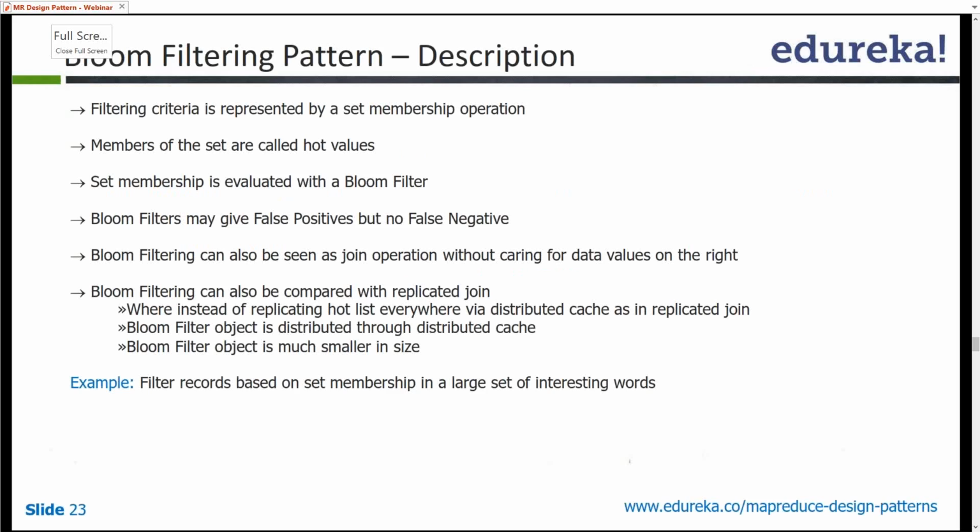Bloom filter, use case number 2. What's special about the Bloom filter? Filtering, as you understand, is this: there is a set of data on one side, then you have a filtering test, and if your data passes the test, you keep those things, and the rest are discarded.